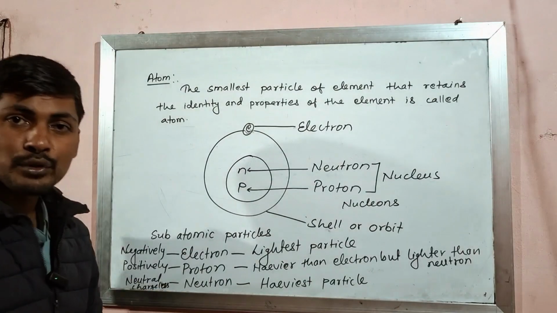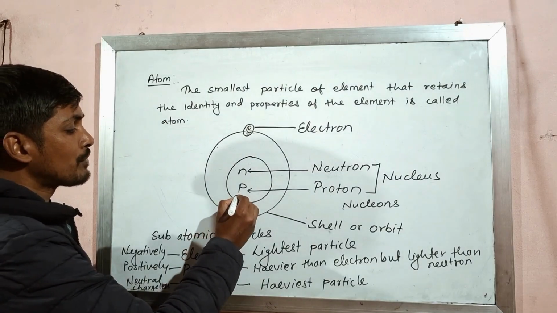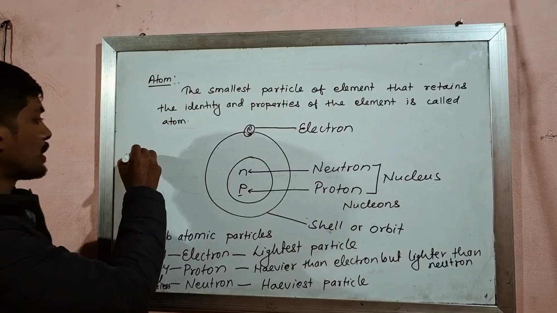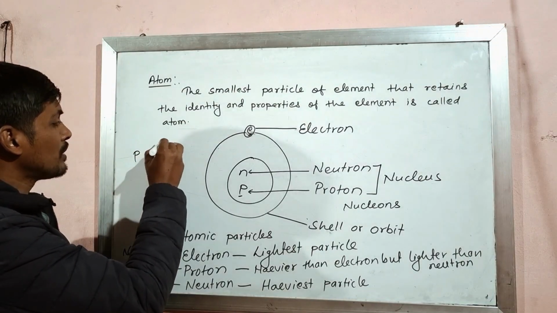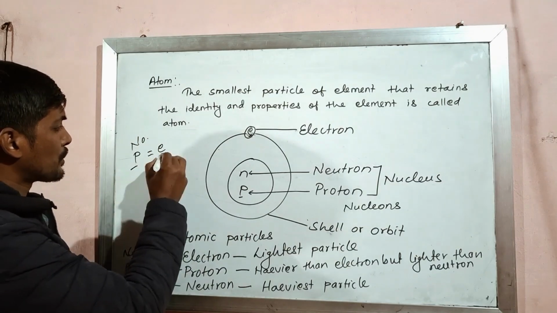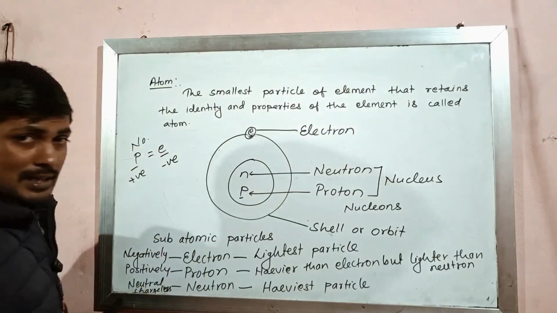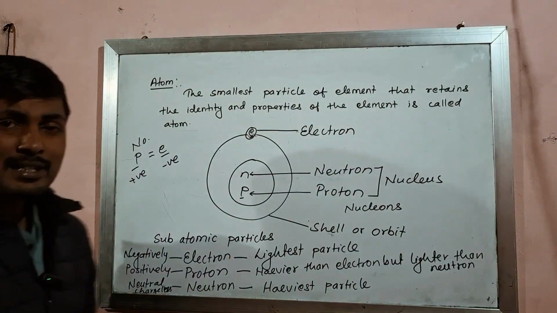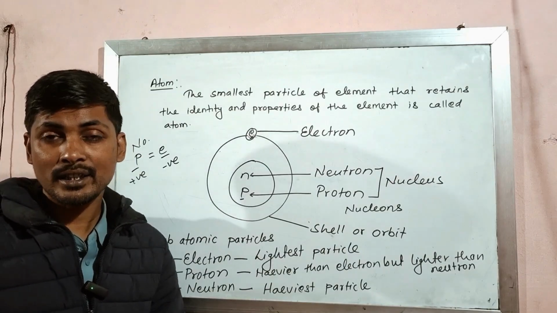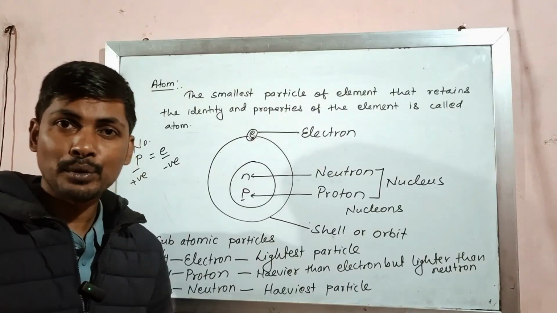Now we have to remember one thing, that in every atom, the number of proton and electron is always equal. Number of proton is equal to number of electron. Since the number of proton, that means positive charge, and number of electron, that means negative charge, in every atom is equal. An atom is always electrically neutral or chargeless. So this is very, very important.